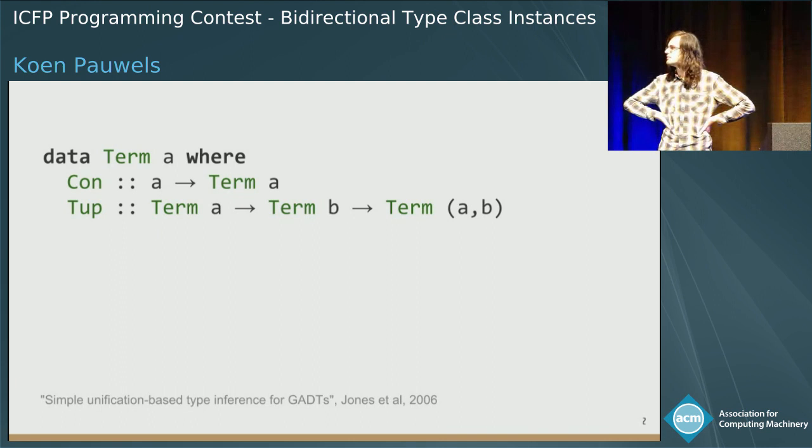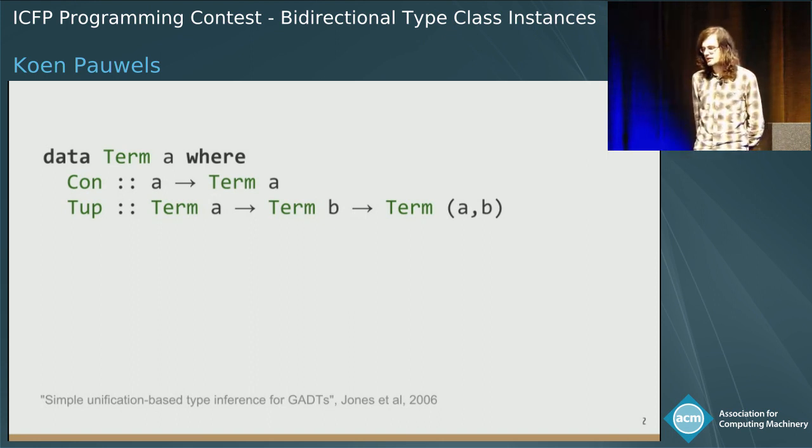Your extension was motivated by this poor interaction between GADTs and type classes, and your solution is to make them bidirectional. But are you proposing that all instances ought to be treated as bidirectional or just selectively? That's an interesting question. In our work as we present it now, we do suppose that everything is bidirectional. One of the reasons we did that is because we expect it to interact well with basically everything except overlapping instances.